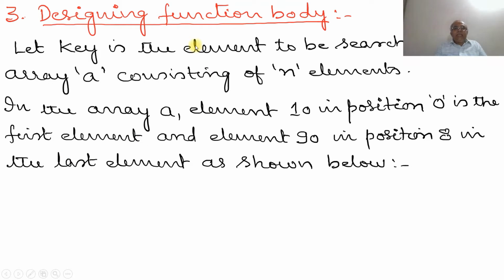Let key be the element to be searched in the array A consisting of n elements. In the array A, element 10 is in position 0, the first element, and element 90 is in position 8, the last element, as shown below.